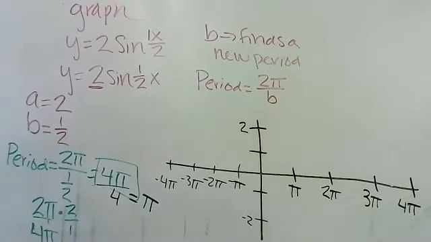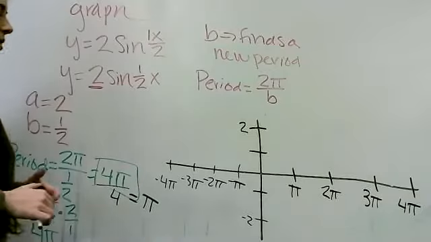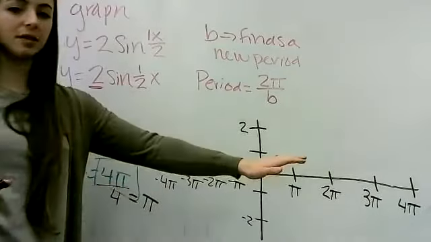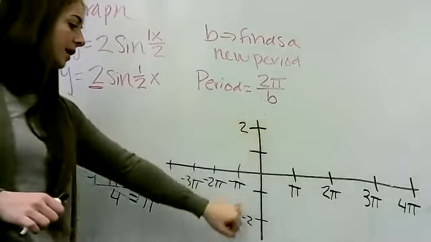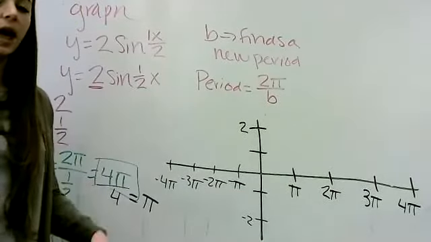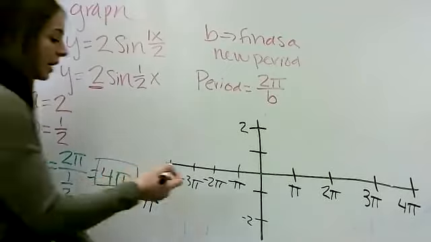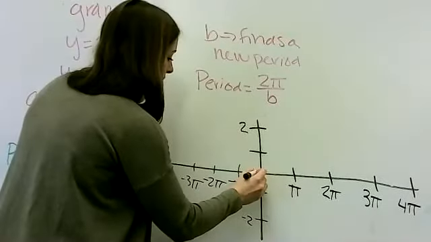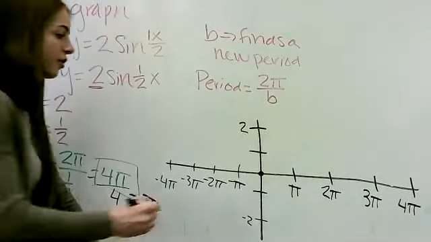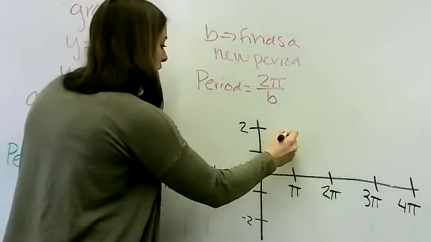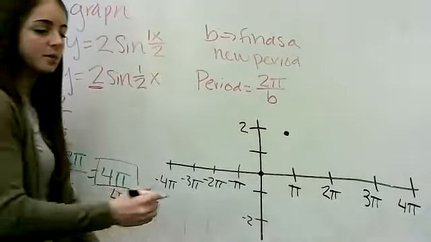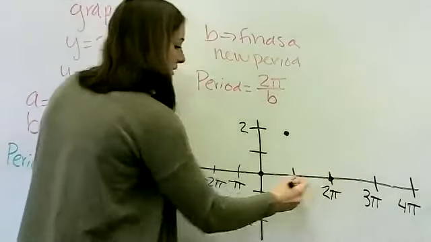Okay. Now that I've found all of my division lines and I've found how high and how low this function should go, it follows a normal sine curve. So a normal sine curve starts in the origin, right? And then its first point goes up. Its next point comes down to the axis.